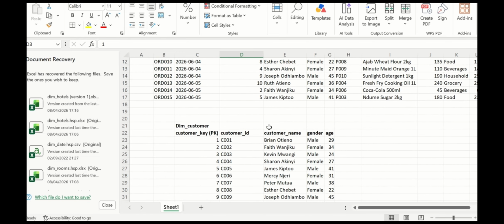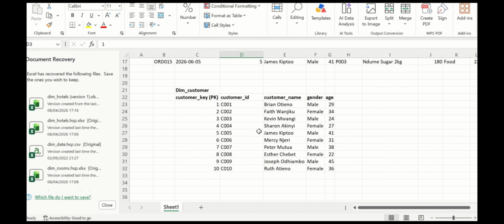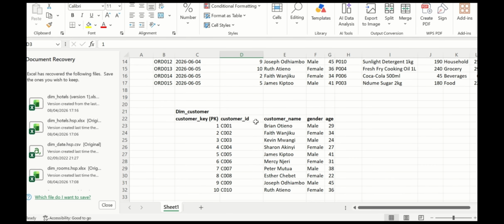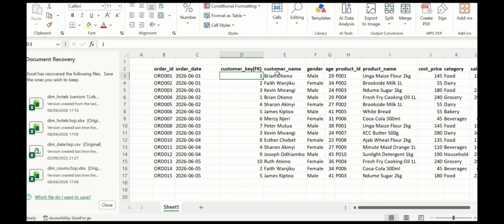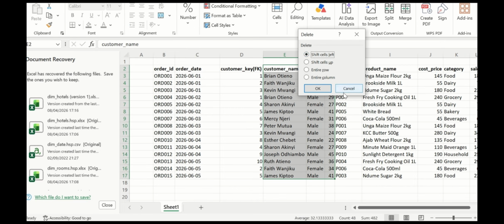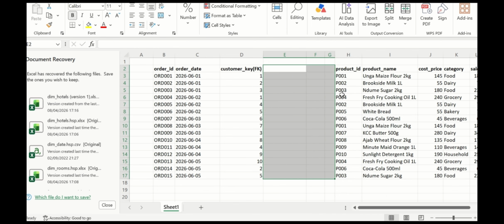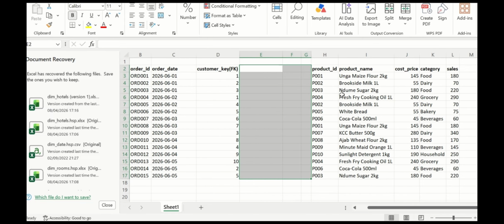After that, we're going to remove all these details of customer, since we've created a dimensional customer table here. So we can remove them by clearing the content. Now we have the product and the sales.